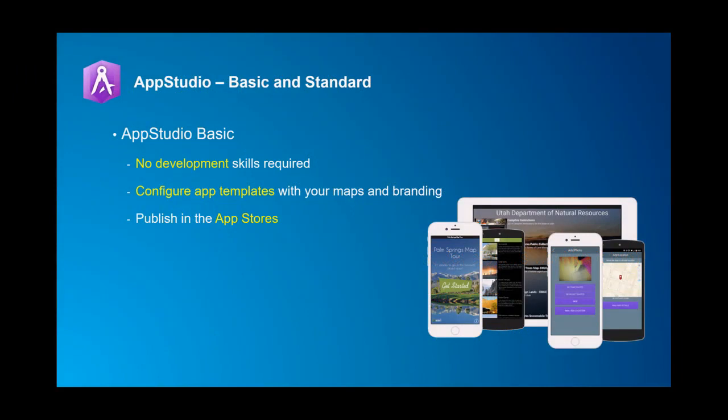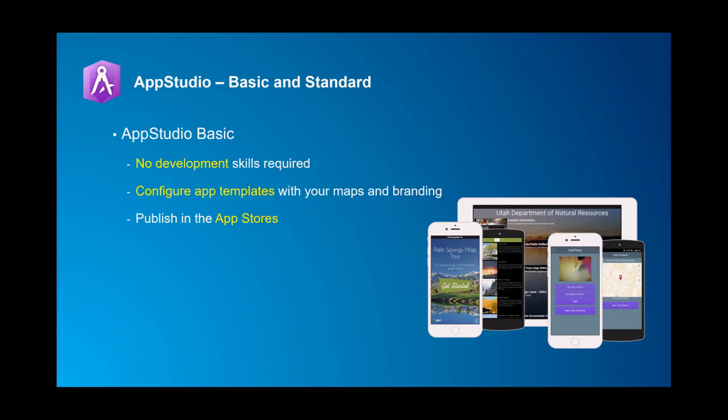Before I go too far, I think this will help set up the next couple sections: the licensing levels of AppStudio. AppStudio is the product, and there's two levels of licensing. First is Basic, AppStudio Basic. Everyone with an ArcGIS named user account has access to AppStudio Basic.